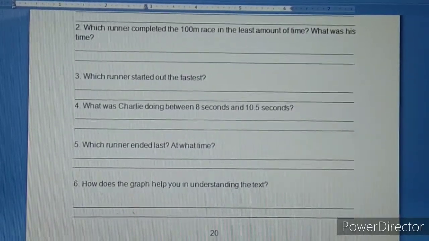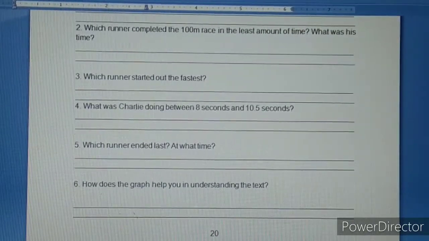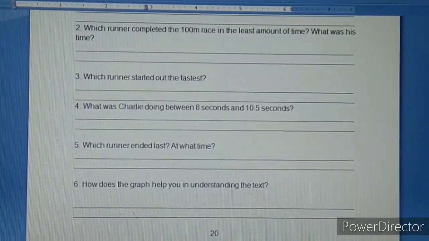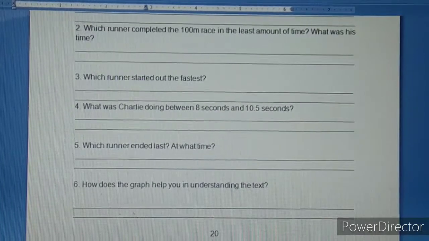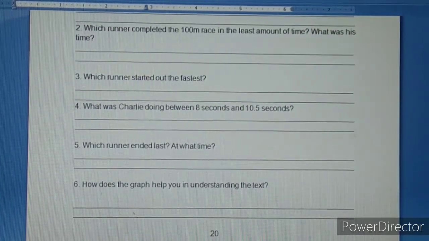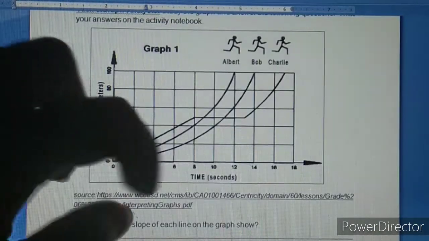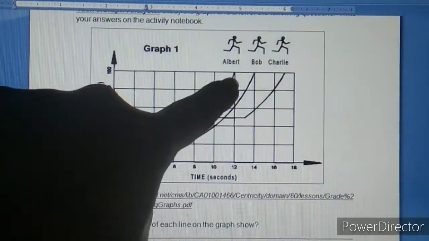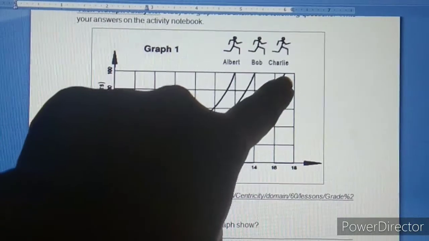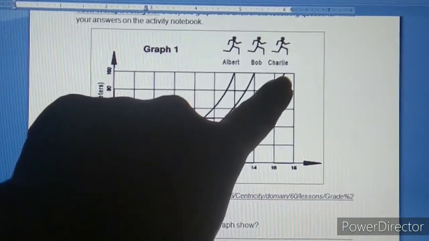Next, number 5. Which runner ended last? At what time? The correct answer for number 5 is, of course, this one. It's Charlie.